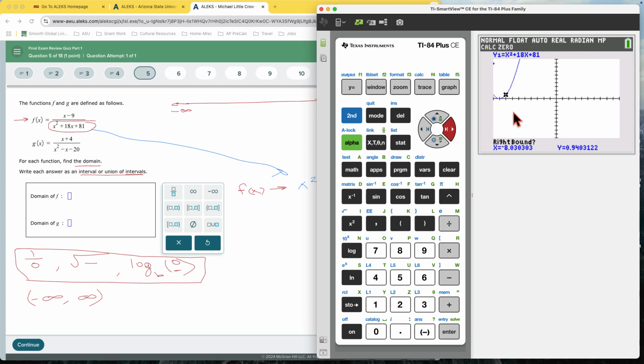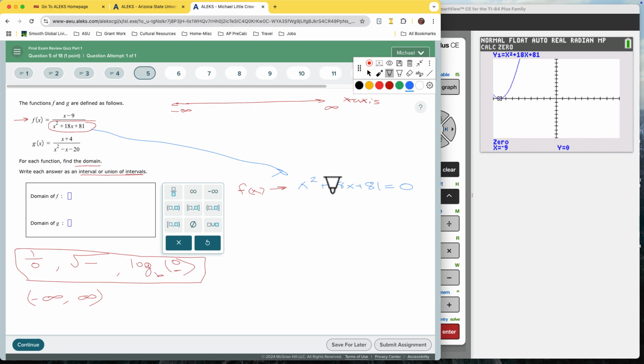Move the spider to the right of the x-intercept, and then I hit enter for my guess, and it finds it. Certainly there is a 0. Y is 0 when x is negative 9. So we need to take out x equals negative 9. So I put up here negative 9, and notice graphically we can see that's the only place.